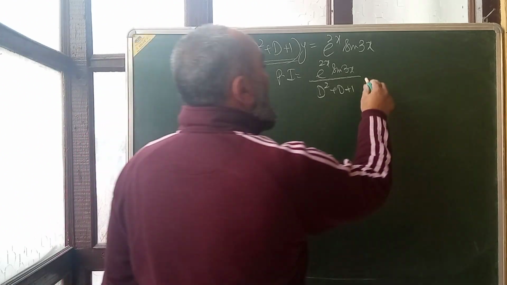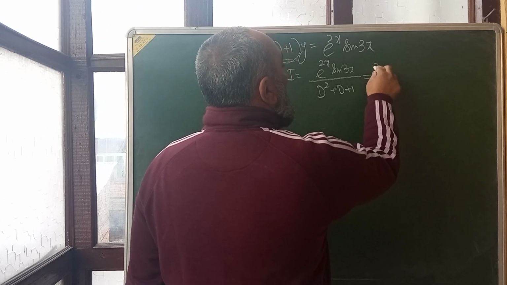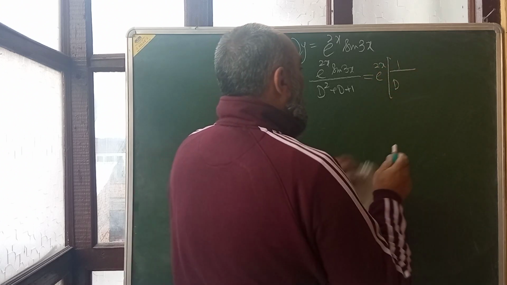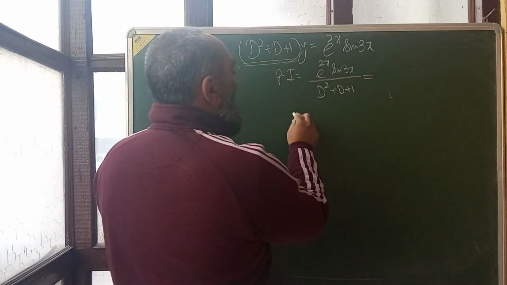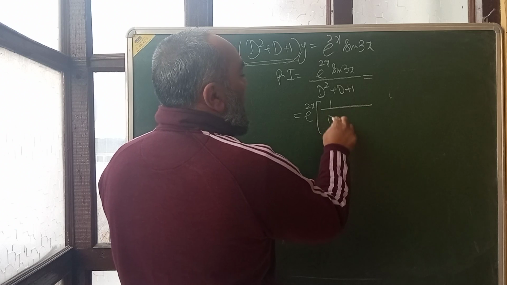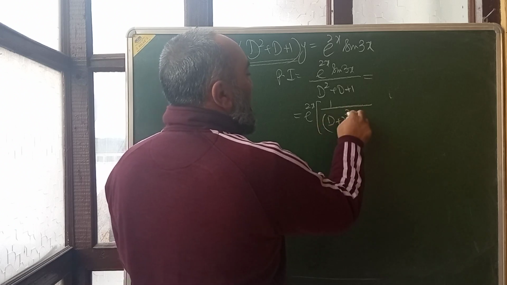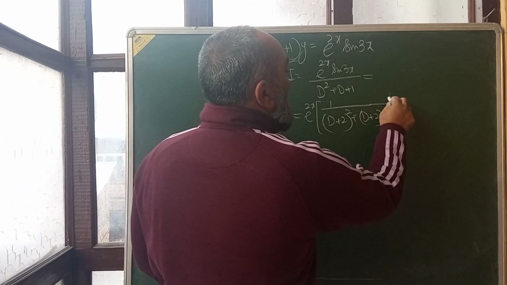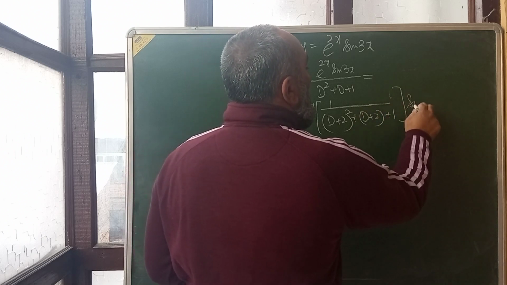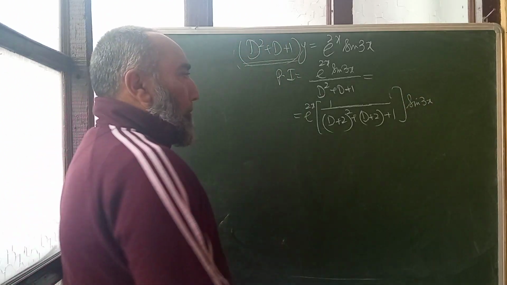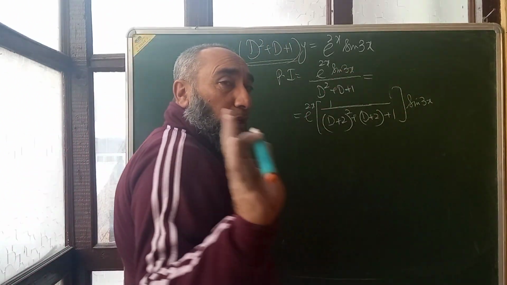Now what you have to do is, this is e raised power 2x, so you replace D by D plus a. This is D plus 2 whole square. Let me write it over here: e to the power 2x, D plus 2 square, D plus 2 plus 1 operating on sin 3x. Whether it is sin or cos, you have to proceed like this.